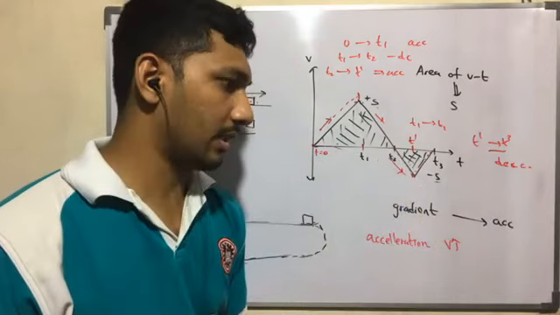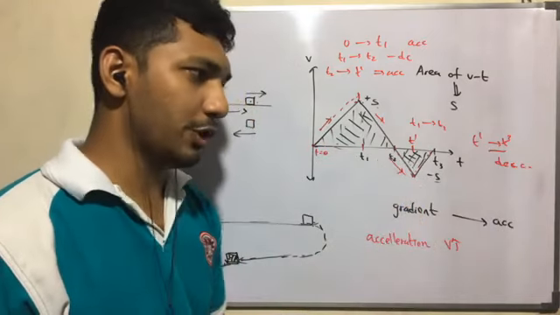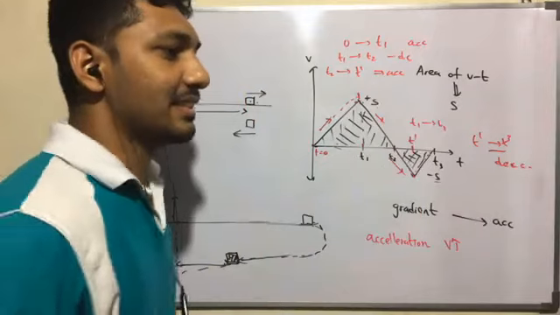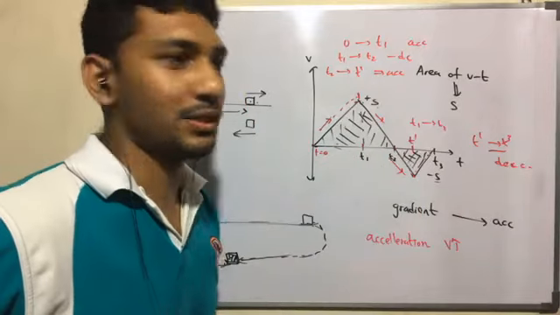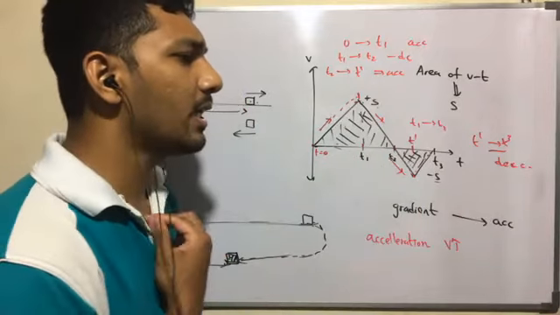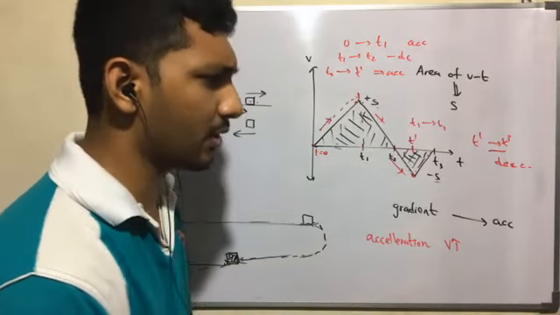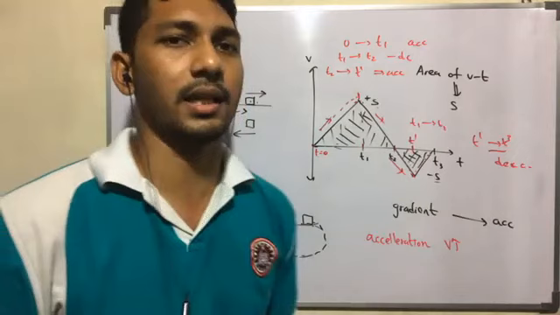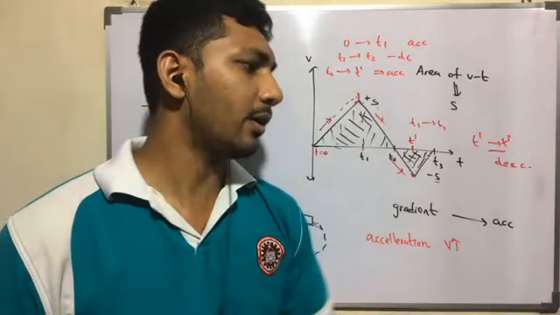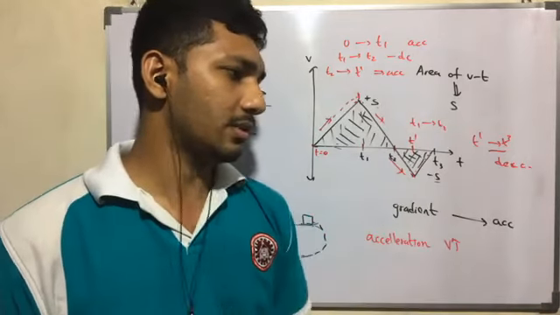Okay, so the correct answer would be, A is wrong, B is wrong, C is also wrong. So all three statements are incorrect, right? So in that particular year, 1993, you can see there is no correct answer.